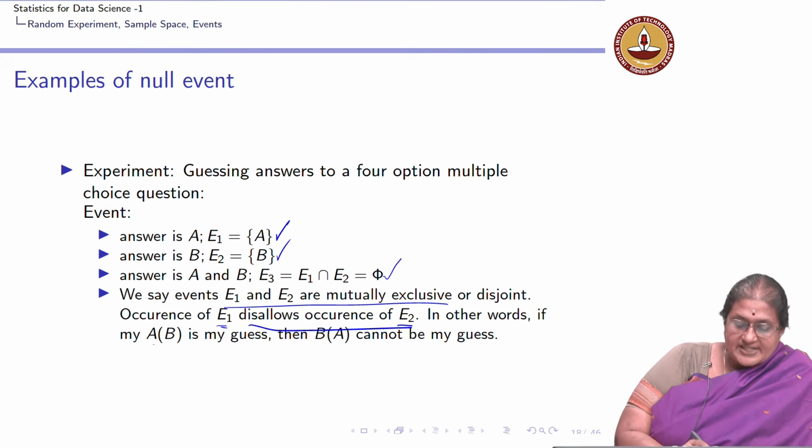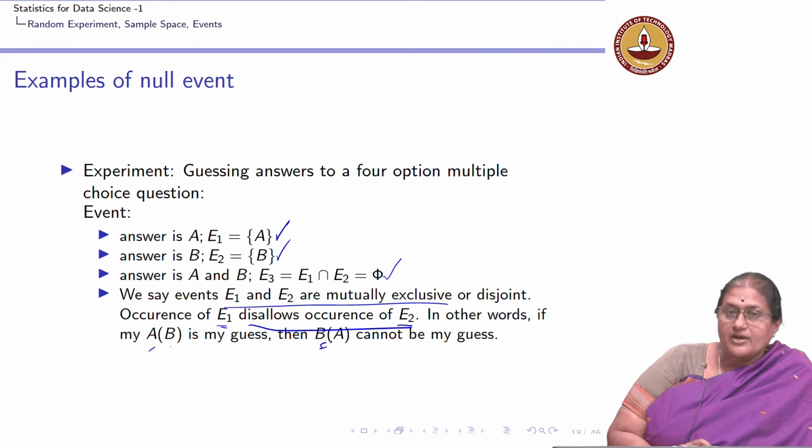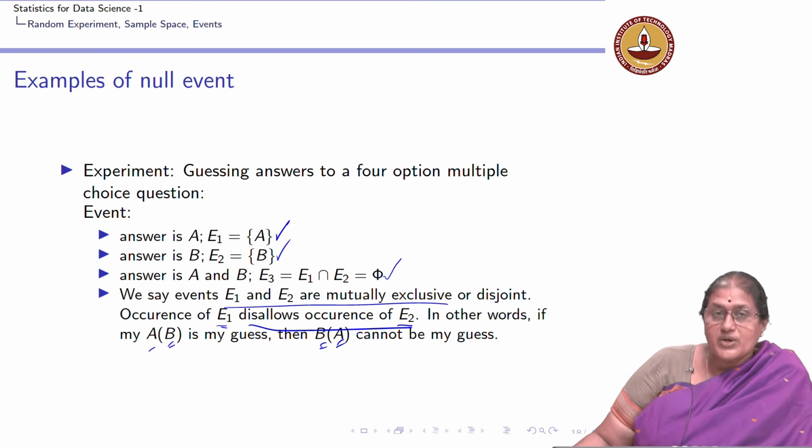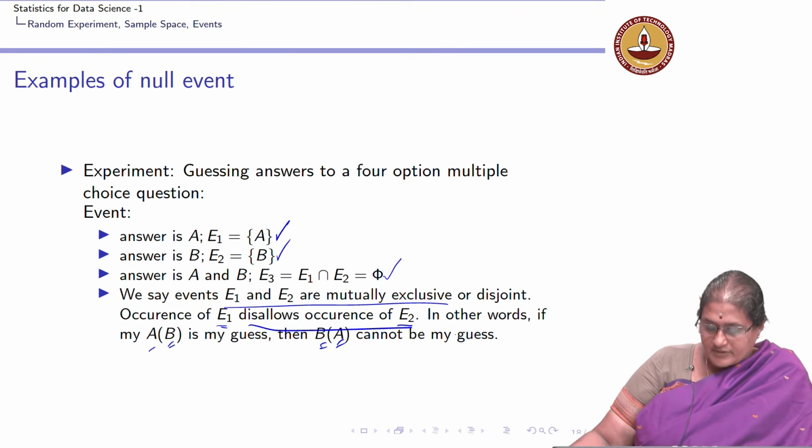So, if my guess is A, then B cannot be my guess. If my guess is B, then A cannot be my guess. So, these are mutually exclusive events. Again, a concept that is very, very important for us to understand about probability of events.